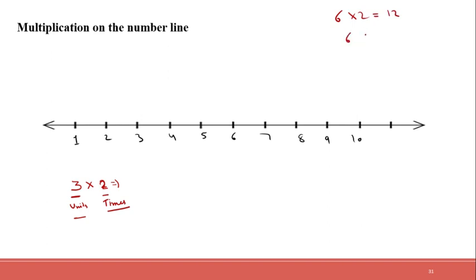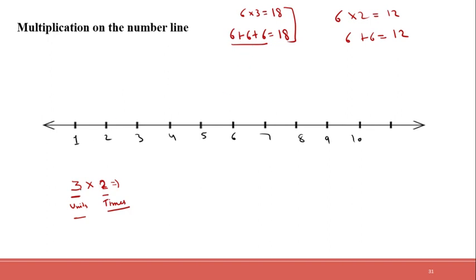That means 6 is written 2 times. If I add 6 plus 6, that means 12, right? If I say 6 into 3, it is 18. Why? Because I am saying 6, 3 times. That means 6 plus 6 plus 6, which is 18. So 6 into 3 is nothing but the addition of 6, 3 times. Got it?